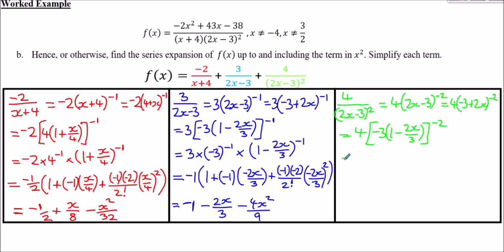So that's going to give us 4 times minus 3 to the minus 2, multiplied by 1 minus 2x over 3, to the power minus 2. So again, on the calculator, work out what 4 times minus 3 to the power minus 2 is. That would be 1 over 3 squared, which is 9. So 4 times 1 over 9 is going to give us 4/9. So we have 4/9.